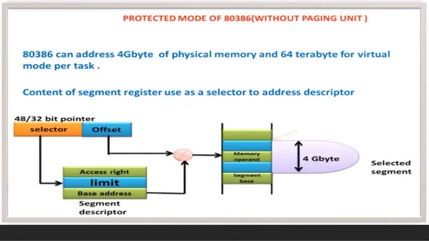Let us now discuss protected mode addressing. In protected mode, the 80386 is able to address 4 gigabytes of physical memory and 64 terabytes of virtual memory. In this mode, the 80386 has the capability to support all programs written for the 80286 and 8086 and to execute them.